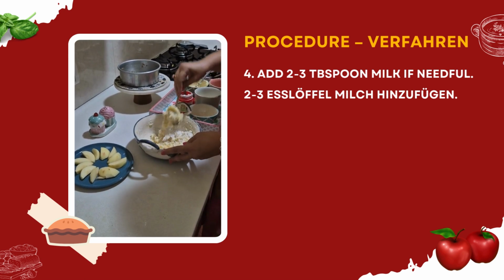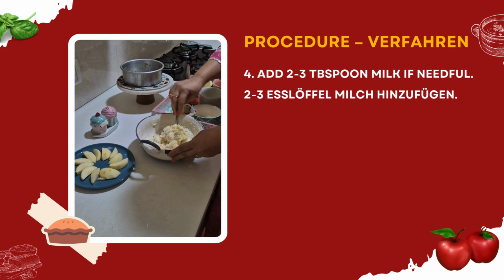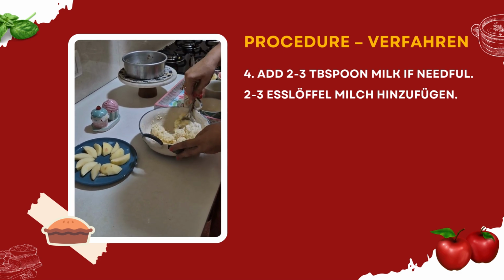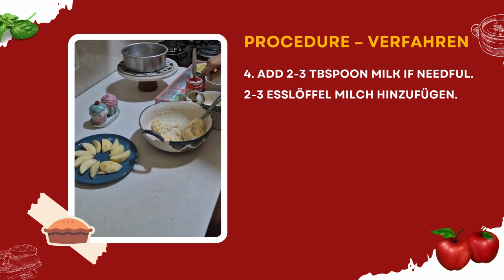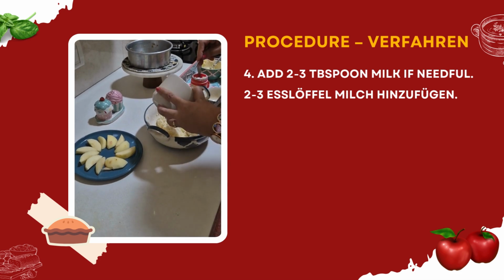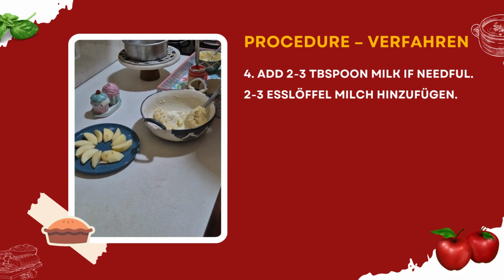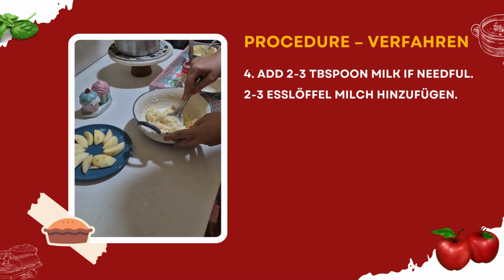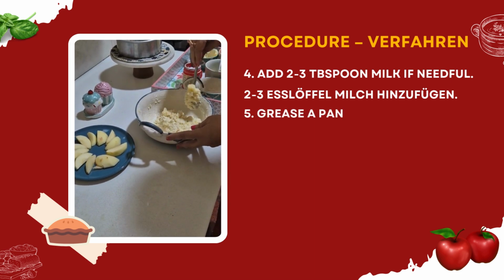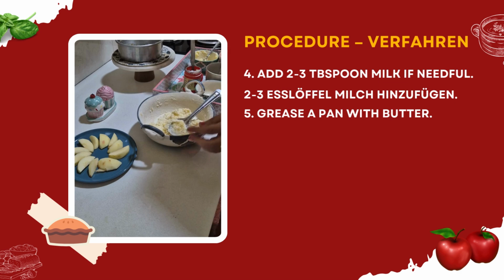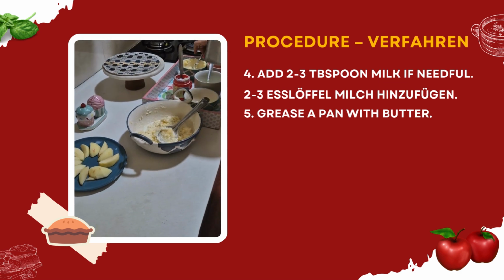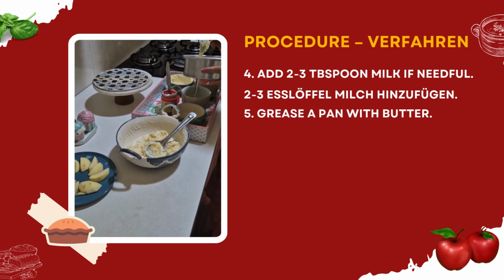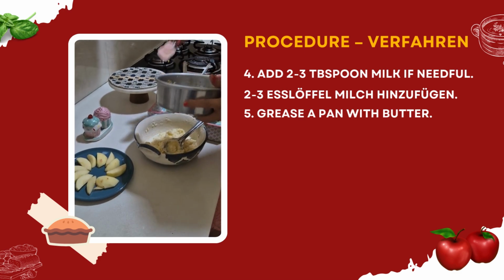Batter is called Teig, T-E-I-G, Teig. Now we'll add a little bit more milk. Milch hinzufügen, and then we have to grease this pan with butter. We have to take one pan and grease it with some butter, right?